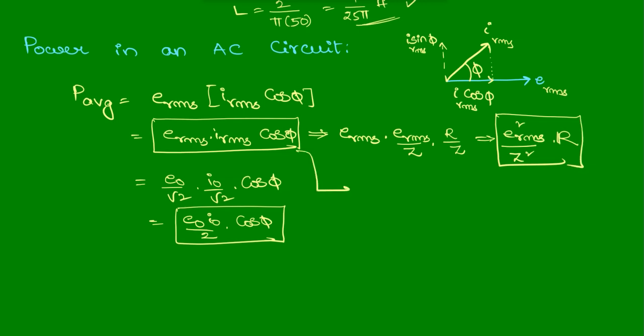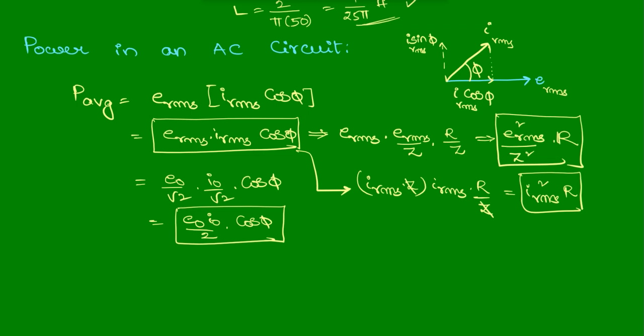And the same equation we can write like this, E RMS is nothing but I RMS into Z, and cos phi is nothing but R by Z. So Z gets cancelled, so that this will be equal to I RMS square R. So all these are different formats of power dissipated in an AC circuit.